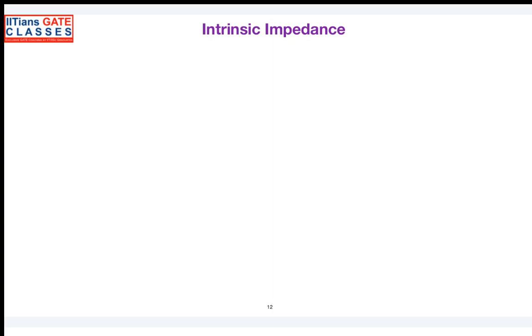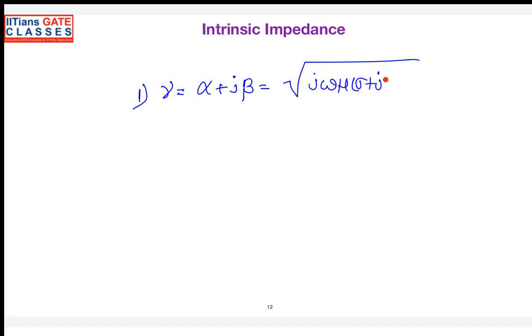So that's it. Now, if you see the major classifications, what we have done. There are three parameters which we are analyzing when the wave is propagating in any medium. The first parameter is the propagation constant. If we recollect once again what we have discussed, that is nothing but alpha plus j beta, and this is nothing but root of j omega mu into sigma plus j omega epsilon.